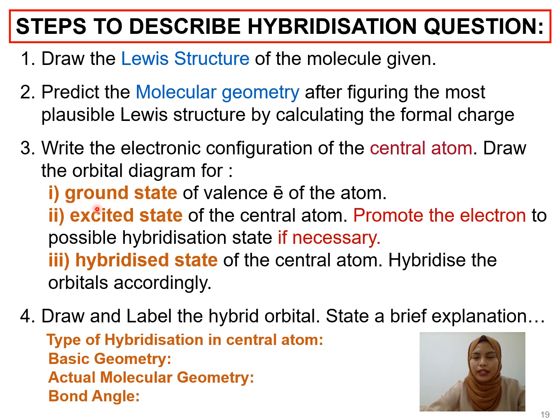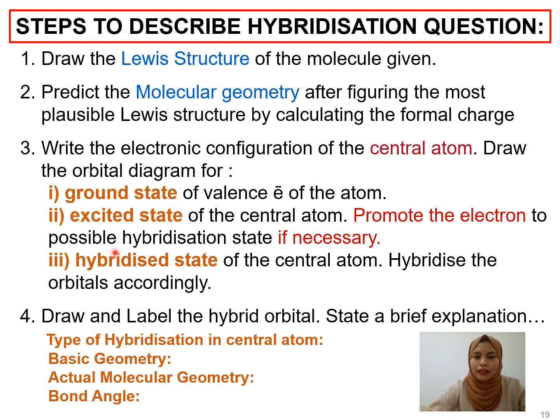Ground state is actually the valence electrons of the atom. For the excited state, you look at whether you need to promote the electron. Okay, look at your central atom. See whether it has lone pairs, how many sigma bonds, how many pi bonds. Okay, so if it has lone pairs, how many electron pairs are needed in total. If it has sigma bonds and pi bonds, how many single electrons are needed in total to make the sigma bonds or pi bonds. Okay.